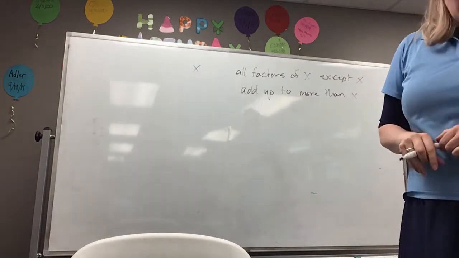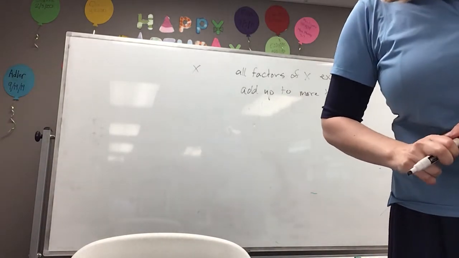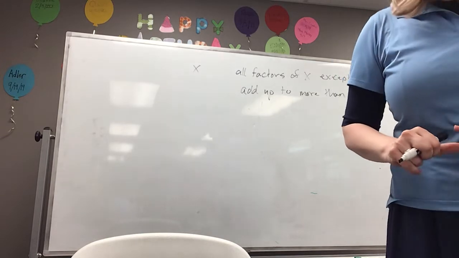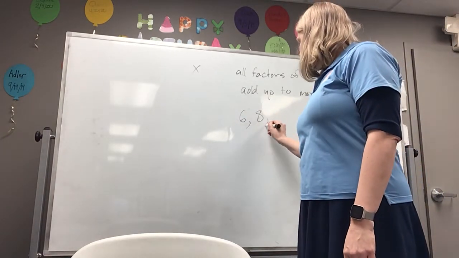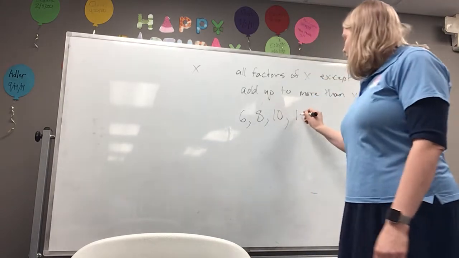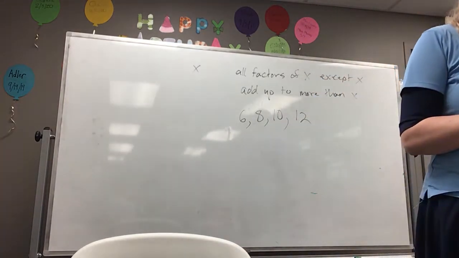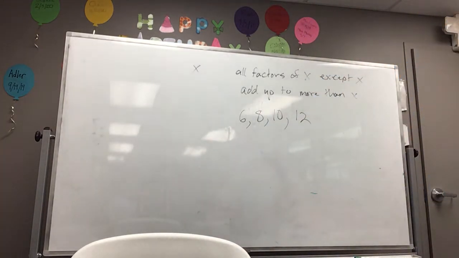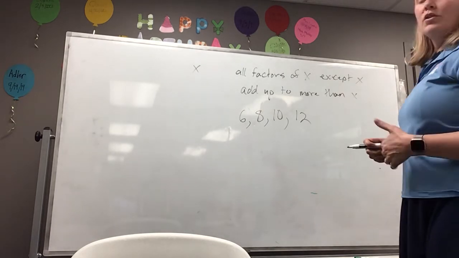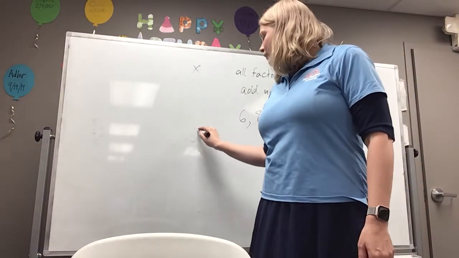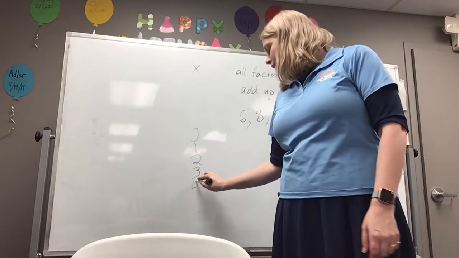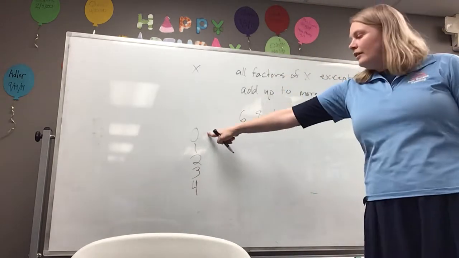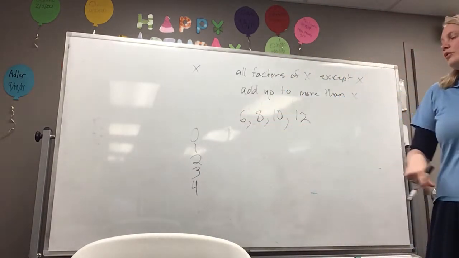And so they give us the options of 6, 8, 10, and 12 and ask how many of them are abundant. So multiple choice, they either have 0, 1, 2, 3, or 4. As in, none of them, all of them, somewhere in between.